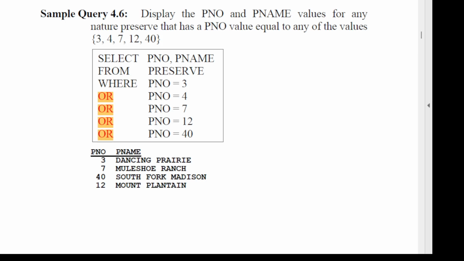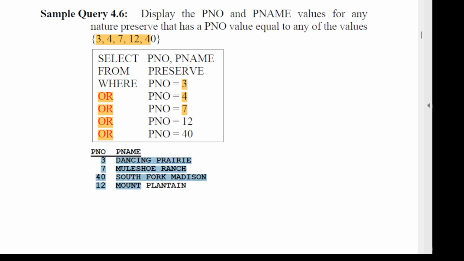This sample query says, display the P-name values for any nature preserve that has a P number value equal to any value in this list of values: 3, 4, 7, 12, 40. If we look at this, we're asking, is the P number 3, or is it 4, or is it 7, etc. We look at the result.